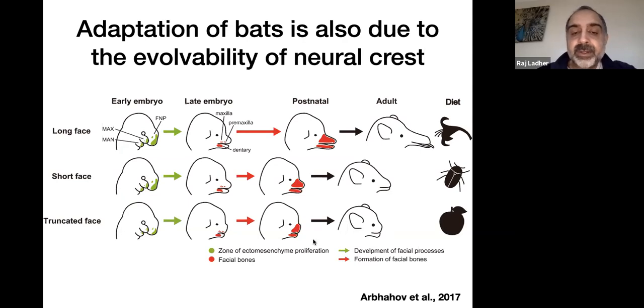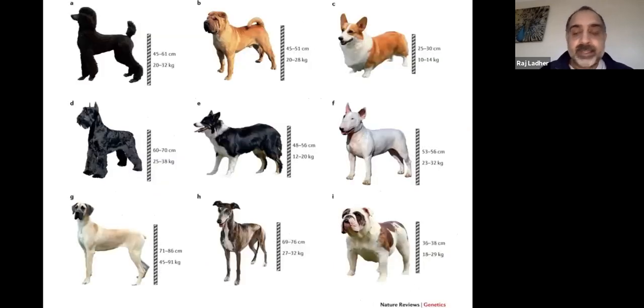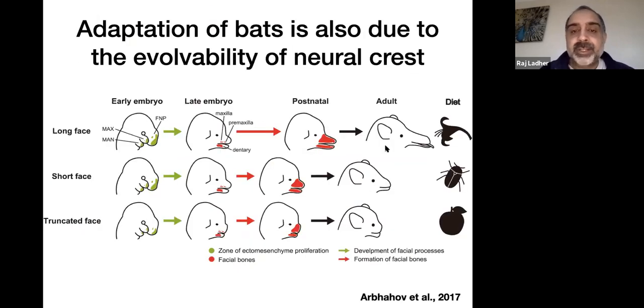Similarly to the finches, this seems to depend on signals coming from the facial primordia that are dictating how the neural crest behaves. This is from a very nice review from Arkat Abramova from 2017. He's shown very nicely that some of the same mechanisms that are happening in the finch seem to also be happening in the bat.